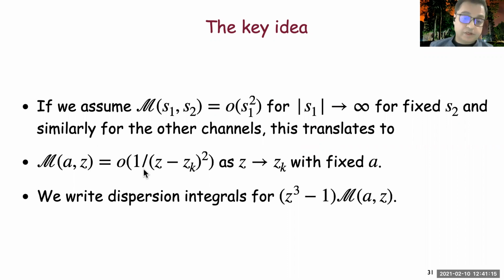You have to approach Z going to one of the cube roots of unity, depending on which variable you're taking to infinity and which variable you're keeping fixed. If M goes like 1 over (Z minus Zk) squared, then in order to write down a dispersion relation, we have to multiply by Z cubed minus 1 so that this dependence is overcome.